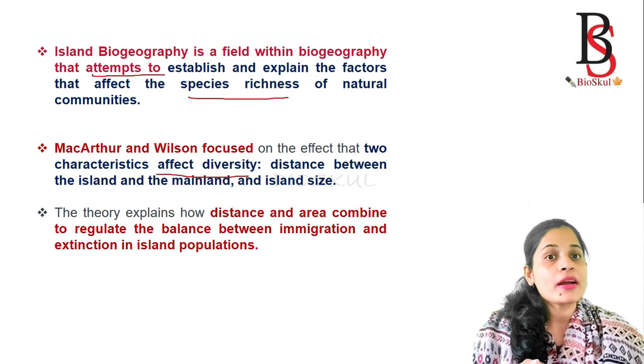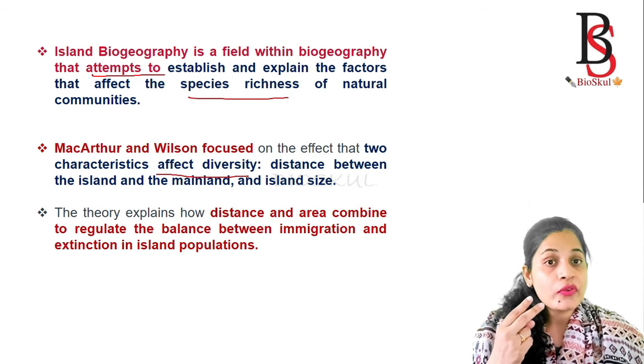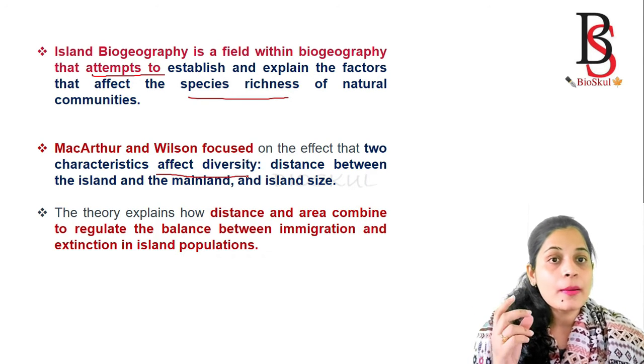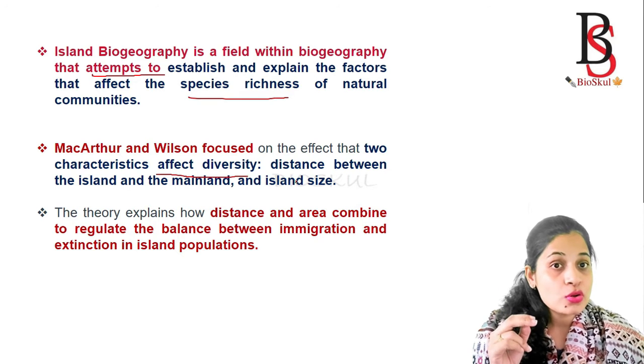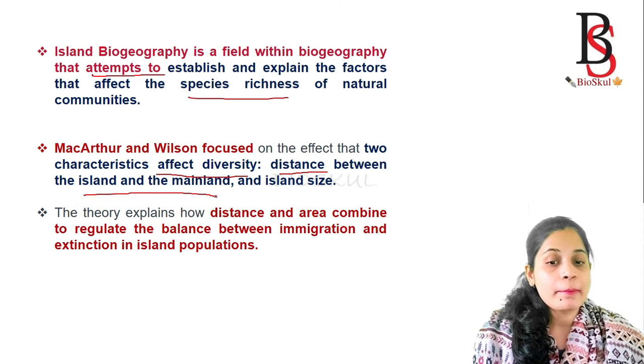MacArthur and Wilson focused on two factors that affect biodiversity. So what are those two factors? One is the distance between the island and the mainland, and the second one is the island size. This is very important.